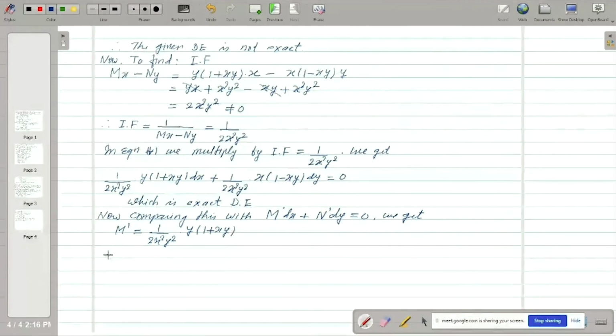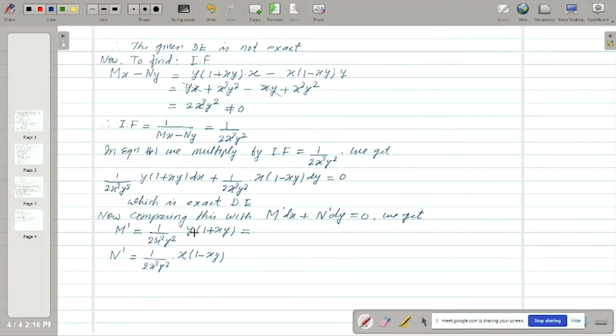Okay, this is the first part. Now N' is the second part, 1 upon 2x square y square into x(1 - xy). Okay, now just simplify both.